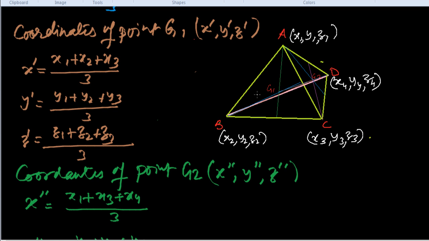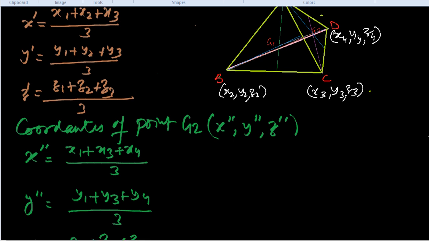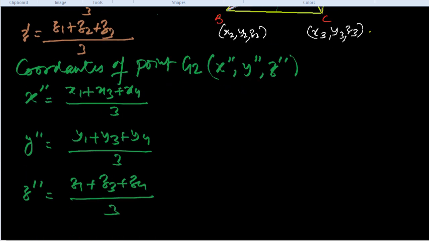The centroid of this is G. So G divides 3:1, 3 to the vertex and 1 to the other side, so we put 3:1 here.